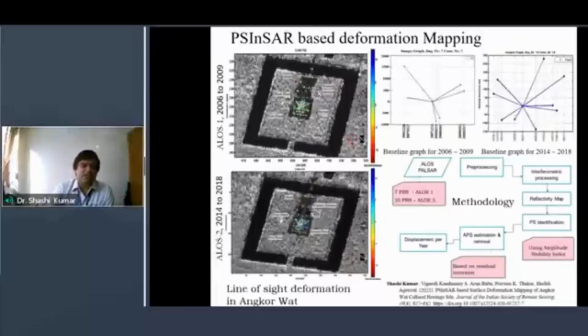So here this is mainly coming due to the variation in the season, because limited number of data sets were available, because 10 scenes were available, and most of the scenes were acquired in the rainy season.